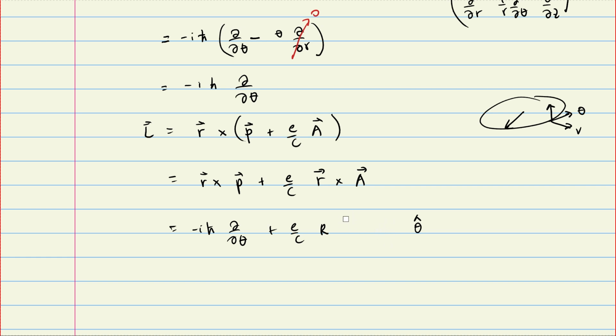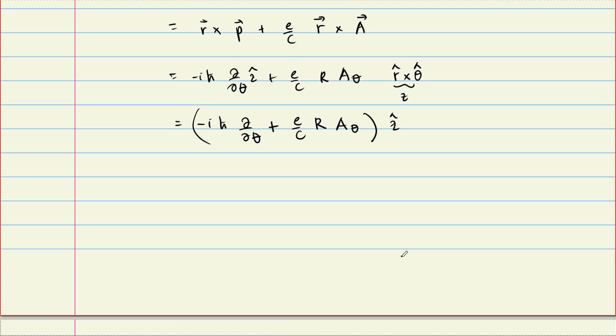So this is r cross, and this is also a z component. There's an additional r here. So this is minus i h bar del theta plus e over c r A theta, the entire thing along the z direction. Okay, I think that's now correct.